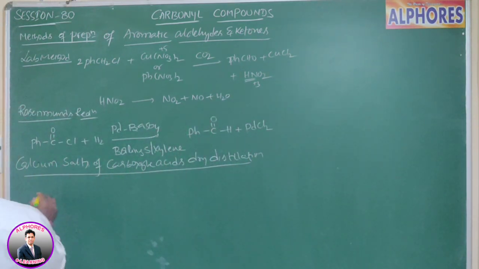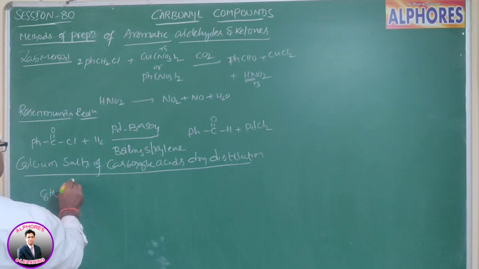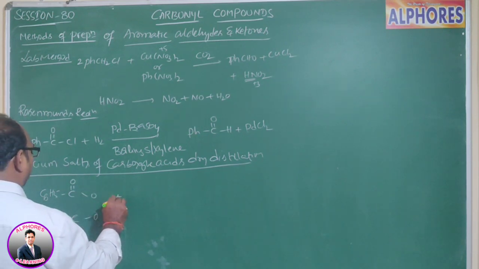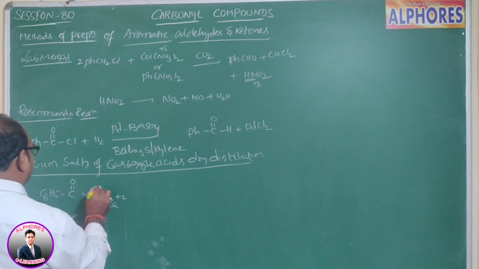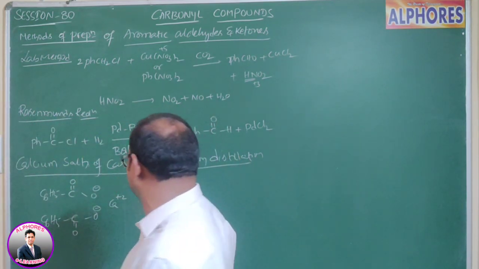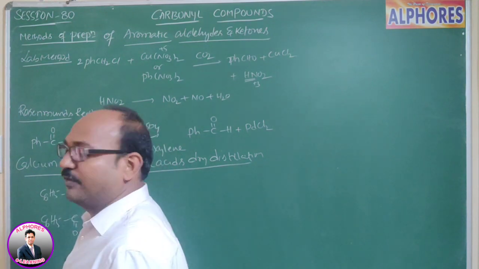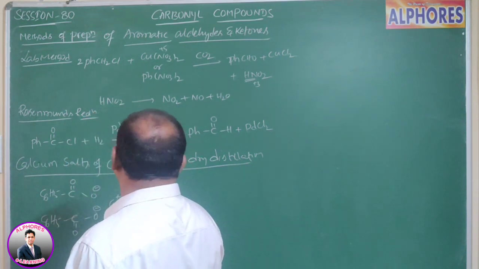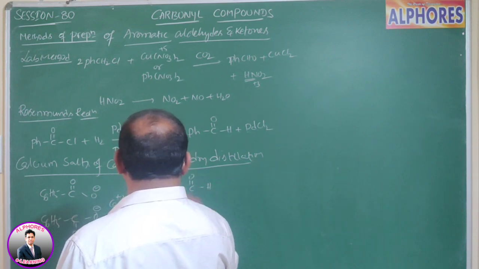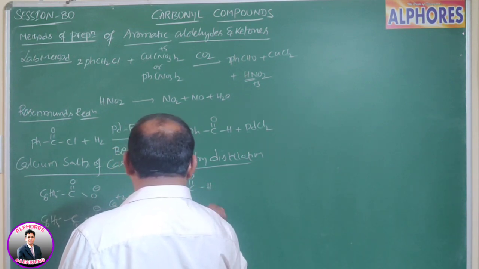Let us see here. I am going to consider the benzoic acid salt, (C6H5COO)2Ca, calcium salt of benzoic acid, with the calcium salt of formic acid, (HCOO)2Ca.